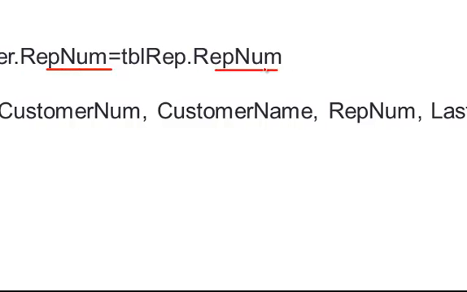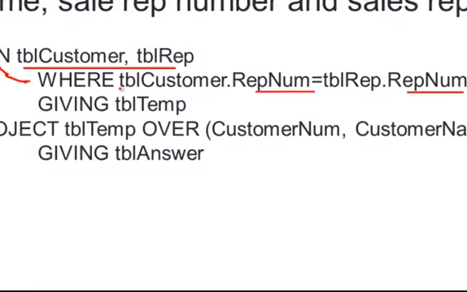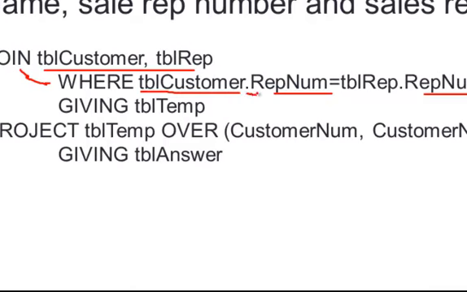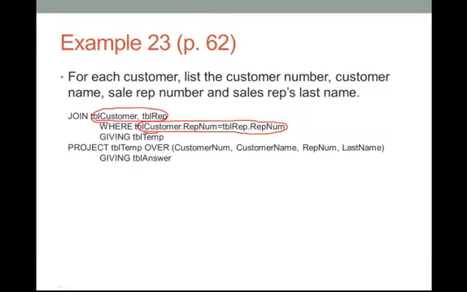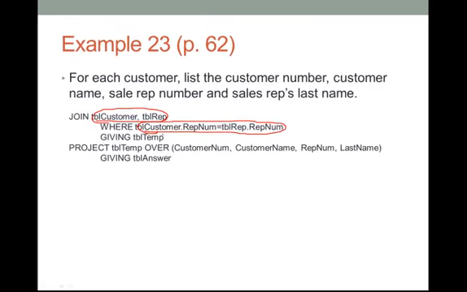Well, that field name is the same, and it doesn't know which one I'm referring to. I'll get an ambiguity error. So I have to tell it the table name, and I use a dot to separate the table name from the field name. Again, on the other side, I have the table name, and again I use a dot to separate the table name from the field name. So when I look at this as a whole, I'm saying join these two tables together where these rep numbers are the same, and take that resulting data set and put it into a table temp.